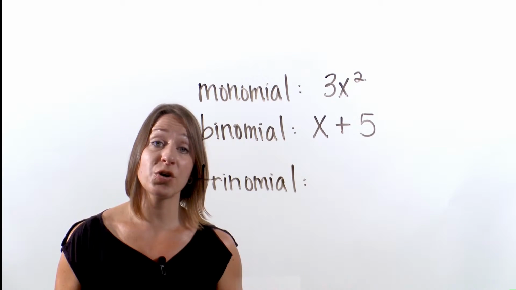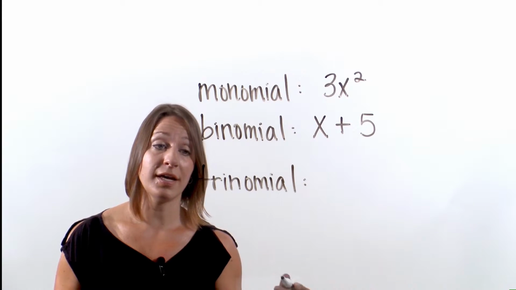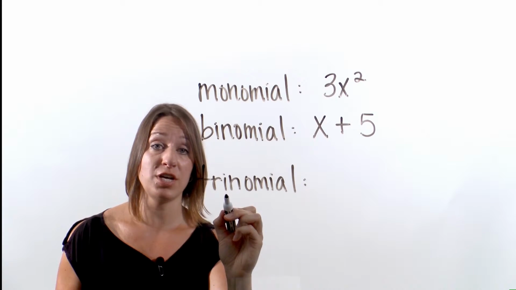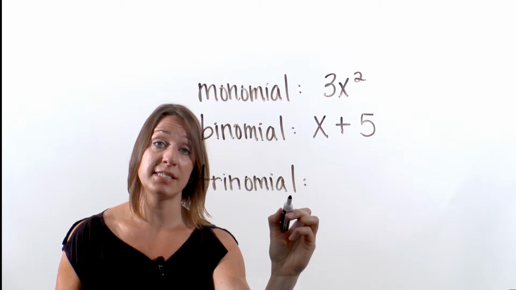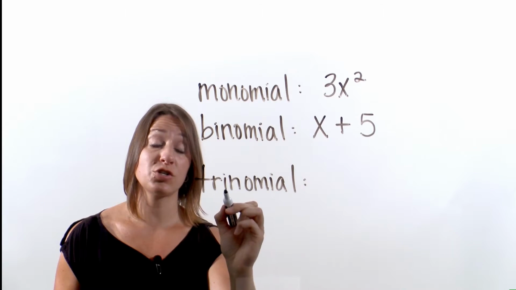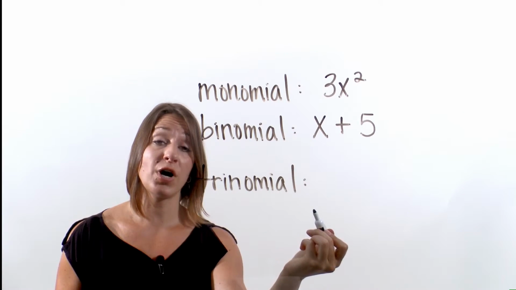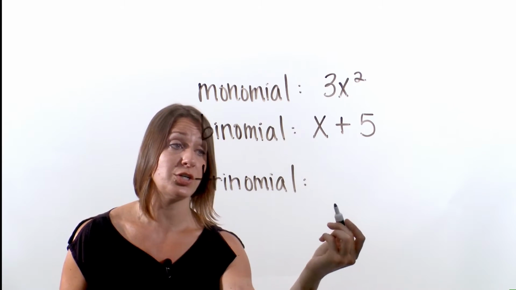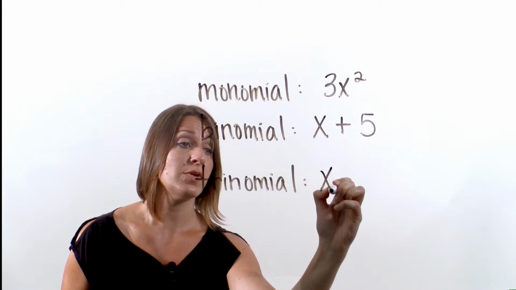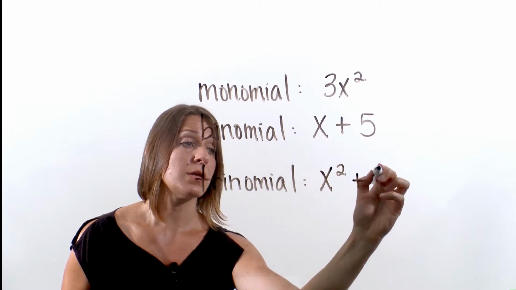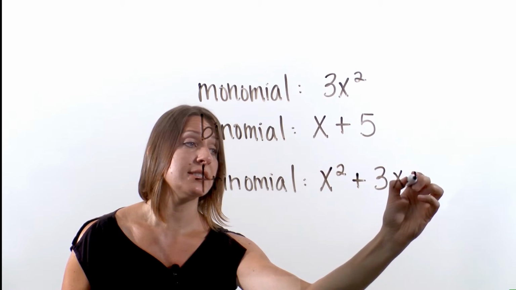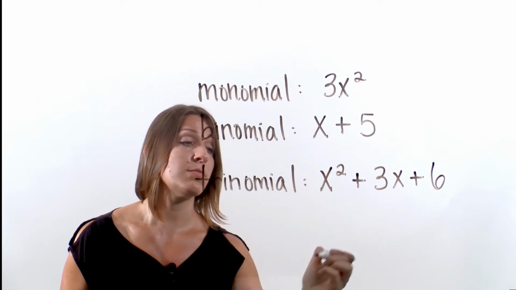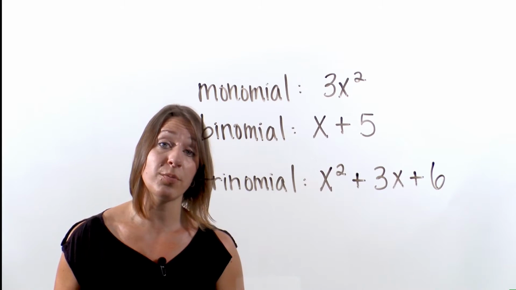Another one is called a trinomial. Again, notice our prefix has changed, our root word stayed the same. In this case, tri is 3, so a trinomial is a polynomial that only has 3 terms. For example, x squared plus 3x plus 6 is considered a trinomial.